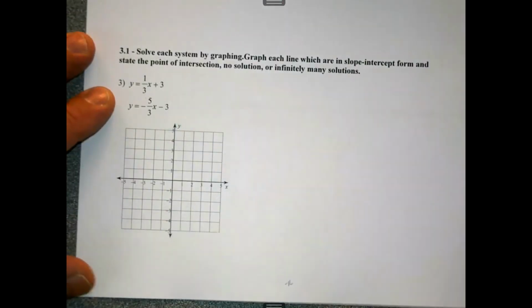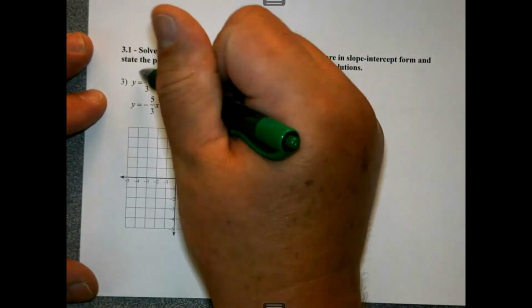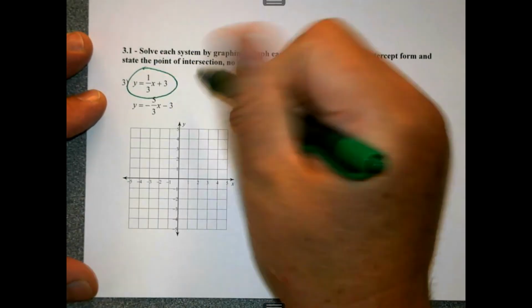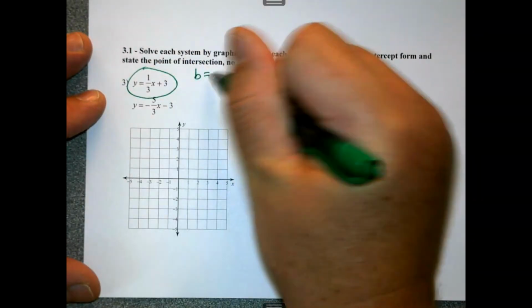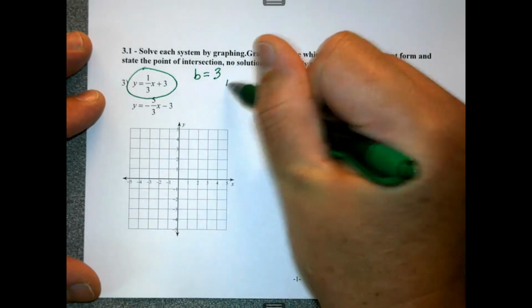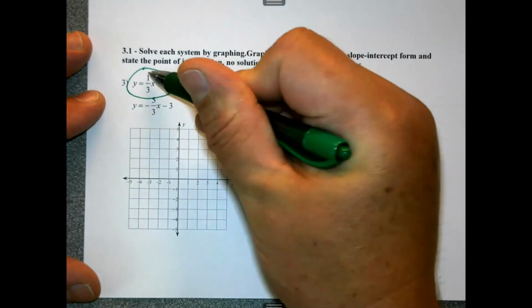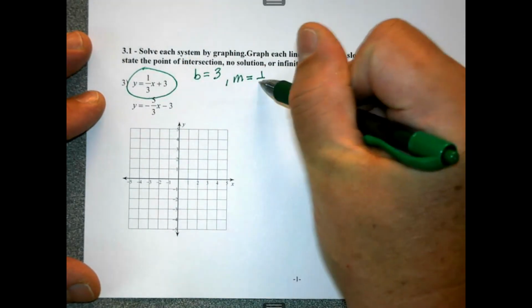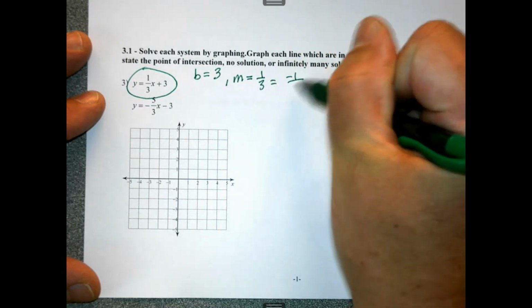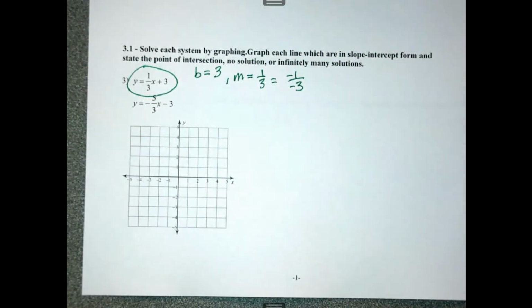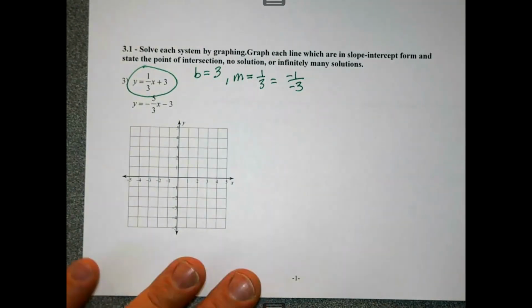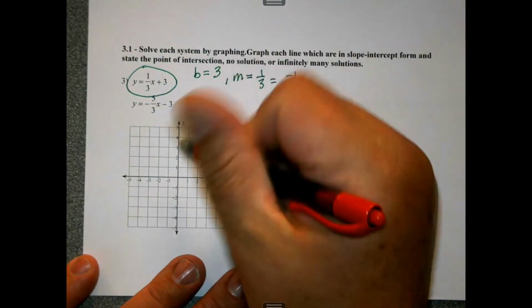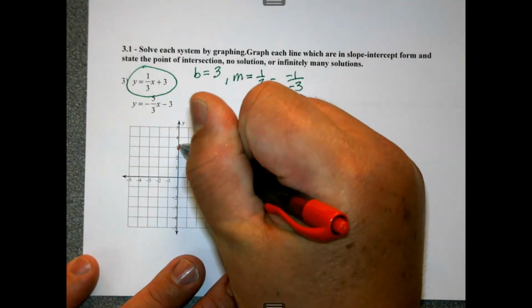So I'm going to graph the first line. So my y-intercept is 3. My slope is the coefficient of x, which is 1/3, or negative 1 over negative 3. So I'm going to graph that line. See, crosses my y-axis at 3.